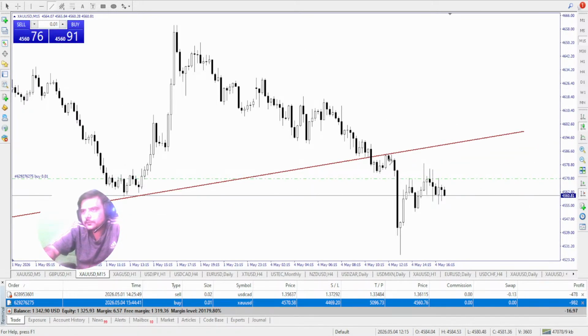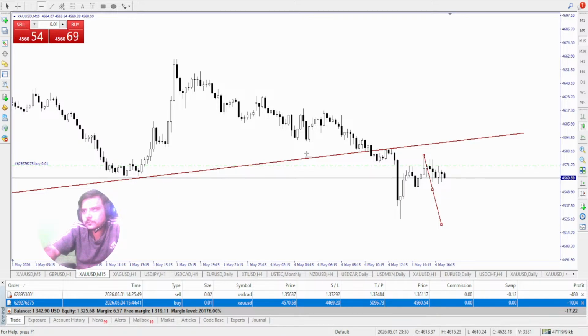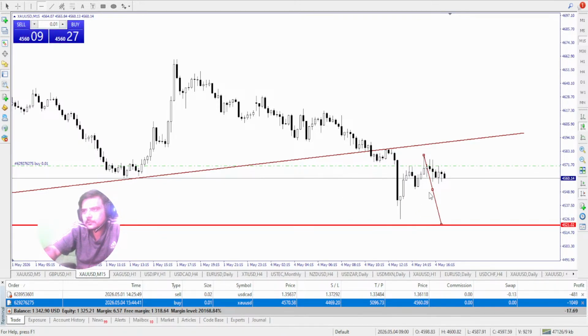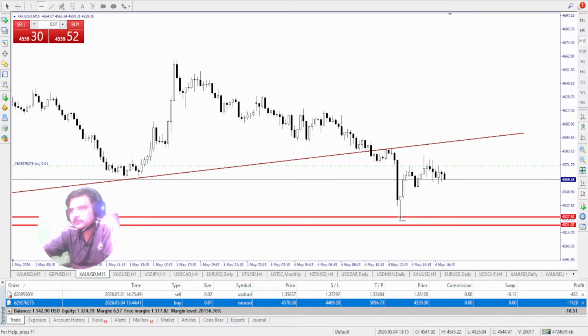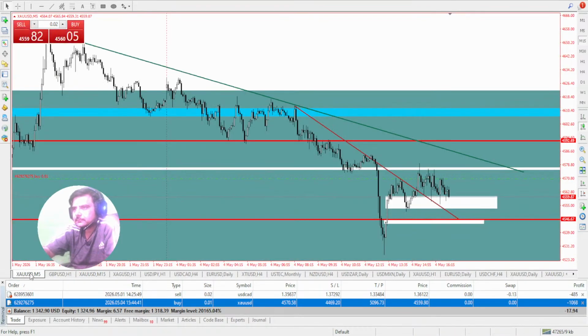Oh, it seems 45.21. What happened? 45.21. Let's see it here. But still, I think this level should give something as a scalping.